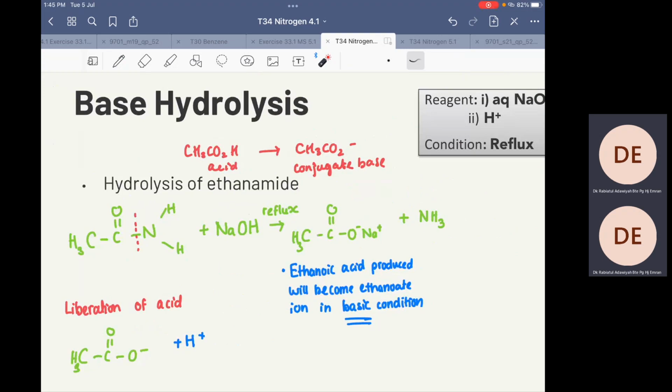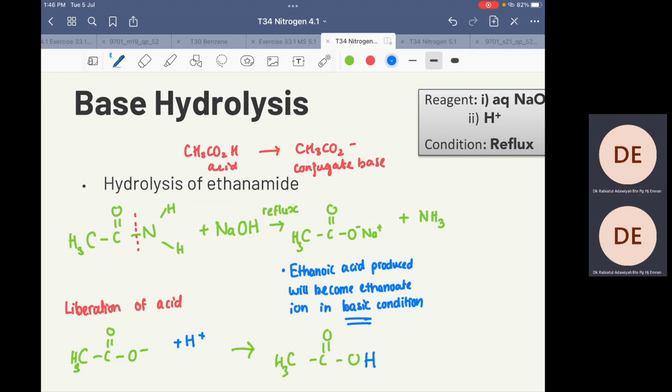So I cannot mix sodium hydroxide and hydrogen ion together. I let the sodium hydroxide react first. After I form the ethanoate, then only I react it with acid, just any acid to give me the hydrogen ion, to form CH3COO and that hydrogen.